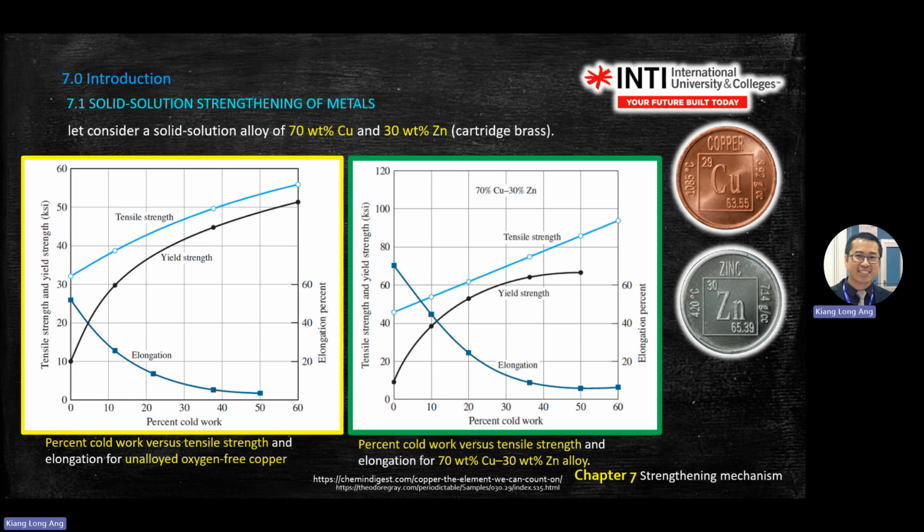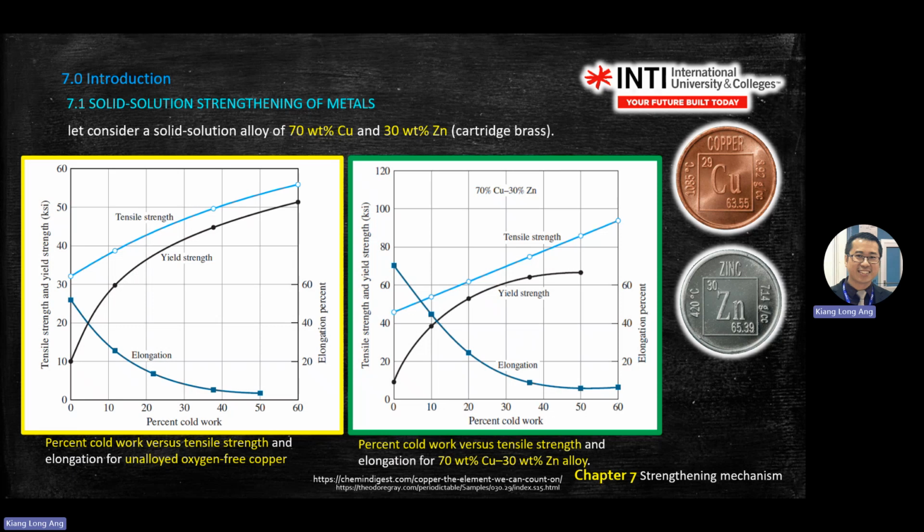But if you mix with 30% zinc, you have impurity inside the material, and it will start from 30 something plus, and as you add impurity, it increases. On the left it is 30 something, but if you increase the impurity, it increases to 40 something, very near to 50. So this is the tensile strength.